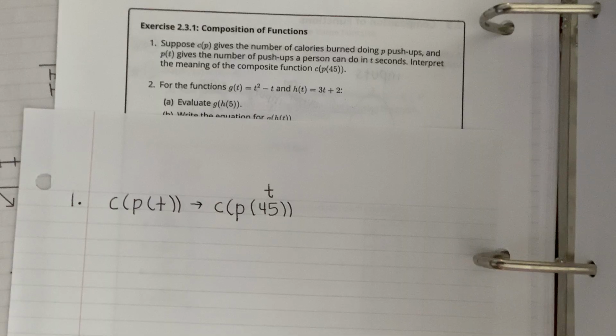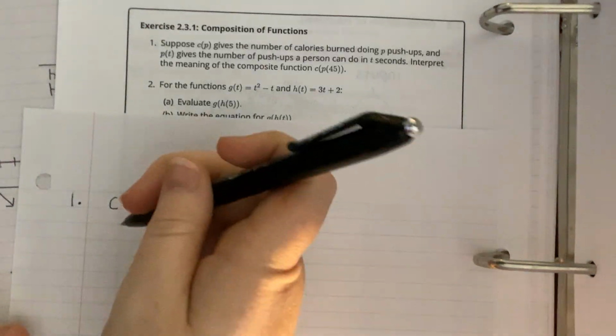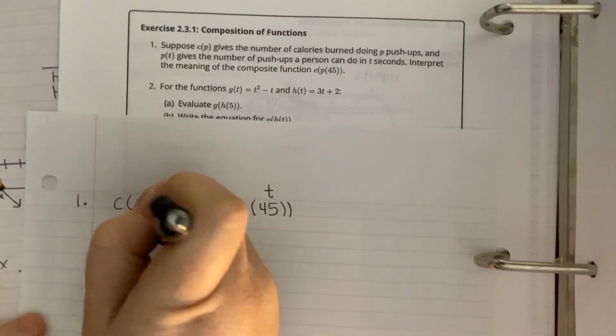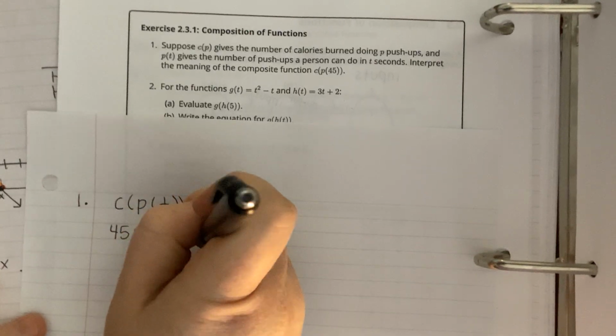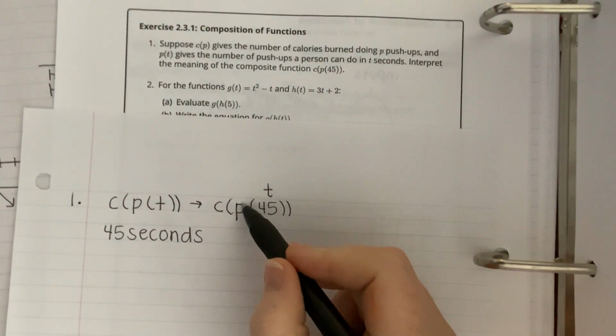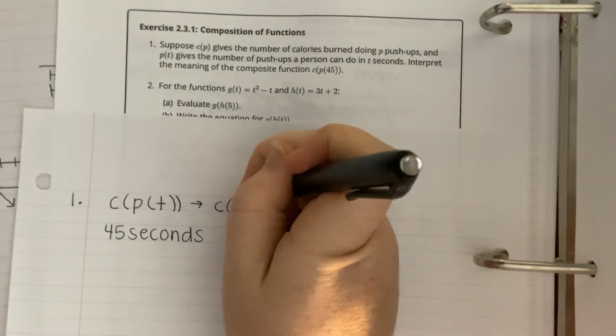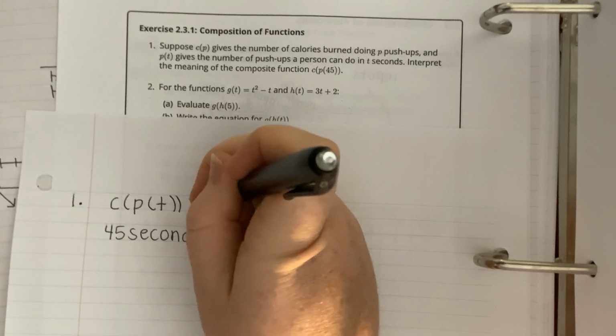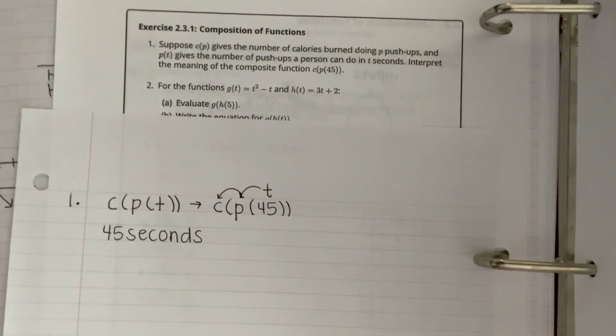So what this equation together would give you is, in 45 seconds, what is your ultimate output going to be? When you plug it in to this, you're getting the number of push-ups, and when you take the push-ups and plug them in, you're going to find the number of calories.